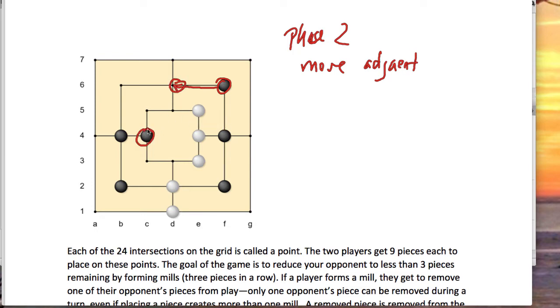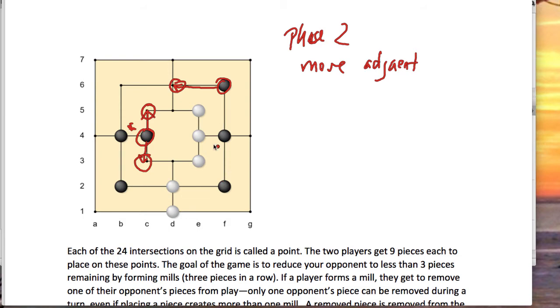This one, I've got 2 possibilities. I can move it there, or I can move it there. And of course you can't move it to a place where it's already occupied, but you can only move it to adjacent places.